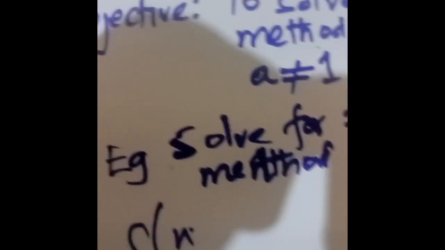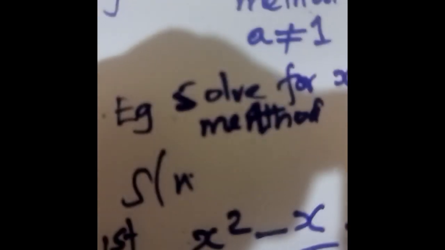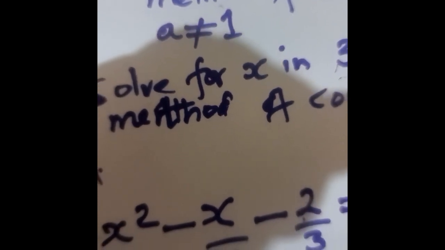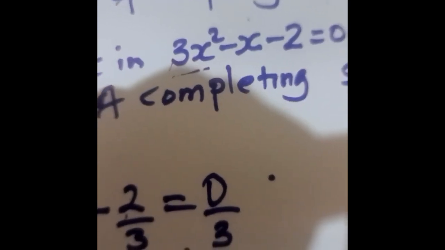So the first step we'll have now x squared minus x over 3 minus 2 over 3 is equal to 0 over 3.